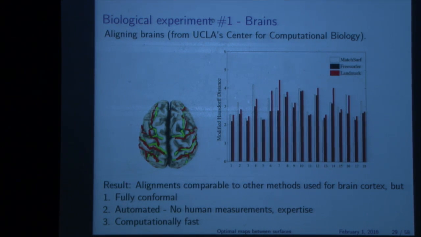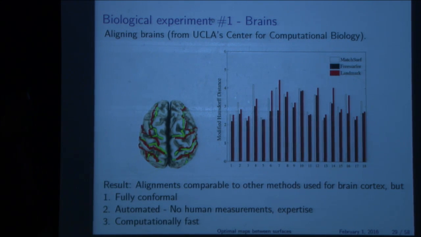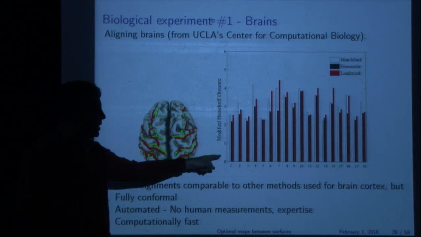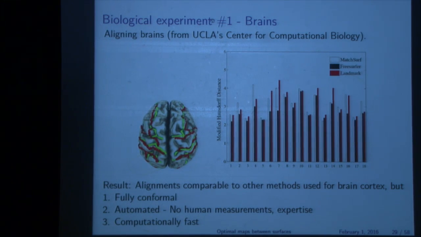So what we did here was compare our method to two standard methods that are used in the brain imaging community, FreeSurfer and Landmark. And this actually represents 18 different experiments, these 18 histograms. Our results are shown in the white histogram, and the black and the red are the two other methods, FreeSurfer and Landmark.